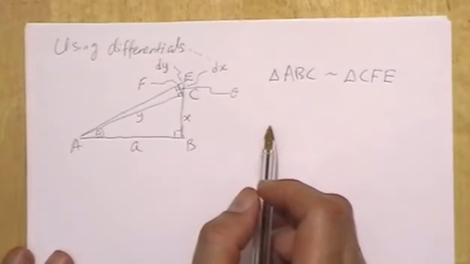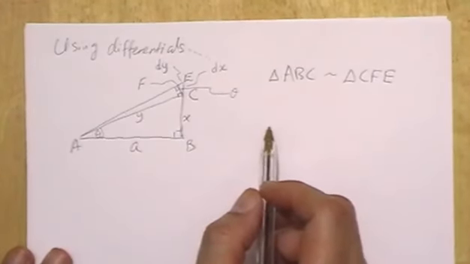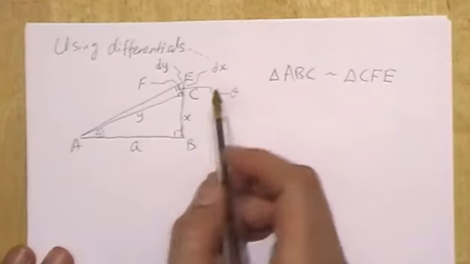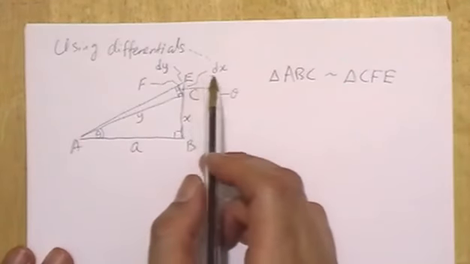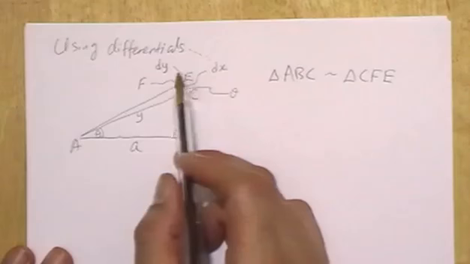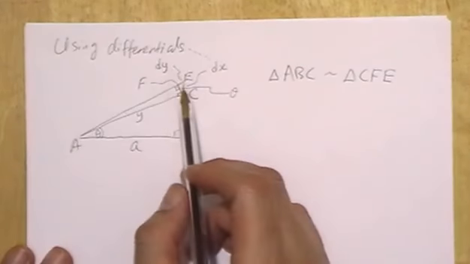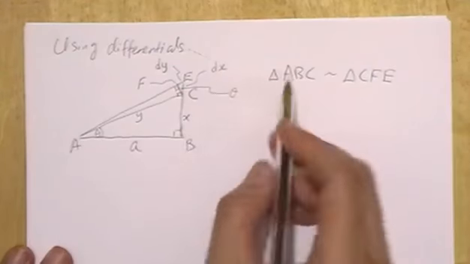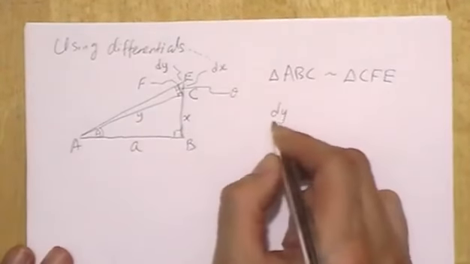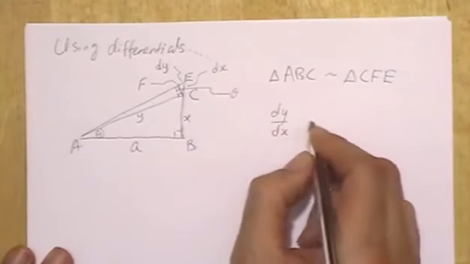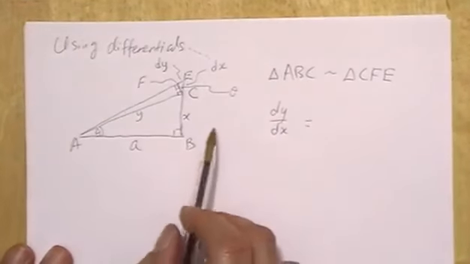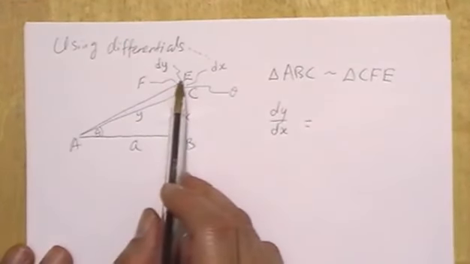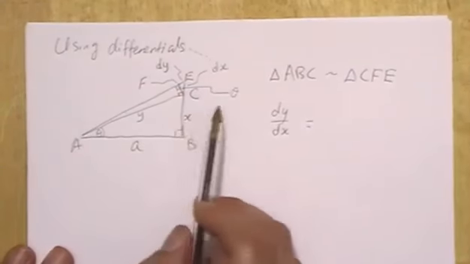Alright. So let's take the ratio of the corresponding sides. Let's take dy over dx. So let's take this ratio. Now dy is the shortest side, dx is the longest side.